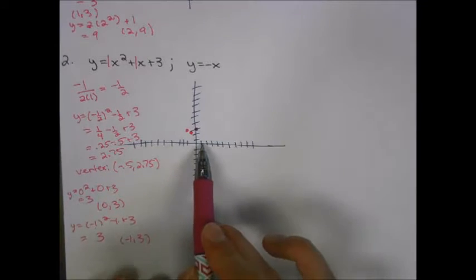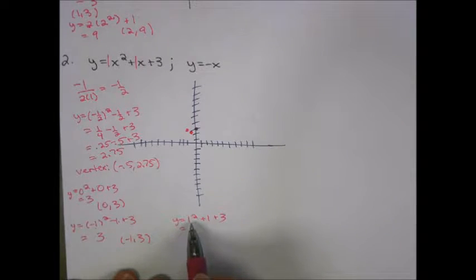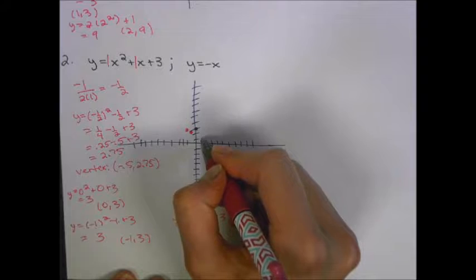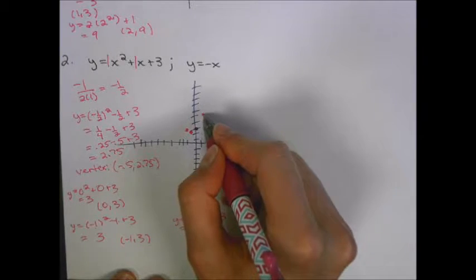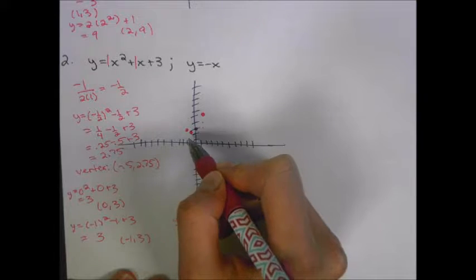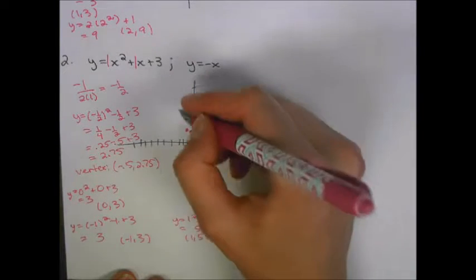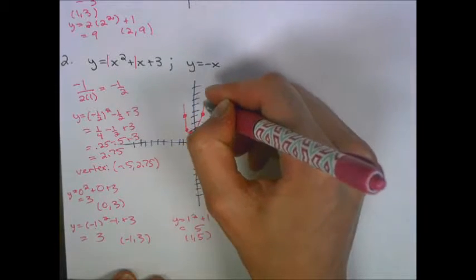Let's do 1. 1 squared is 1, plus 1 is 2, plus 3 is 5. So that's 1, 5. And then I can reflect that over. Something like that.